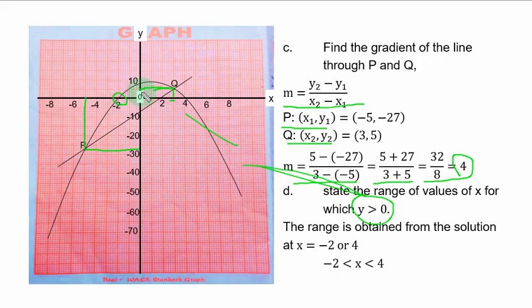Earlier it is -2 and the other one is 4. So s is equal to -2 or 4. And you state the range using the symbol of inequality. So you have -2 less than s less than 4 is the range of values for which y is greater than 0.